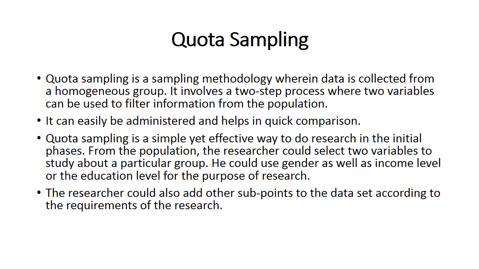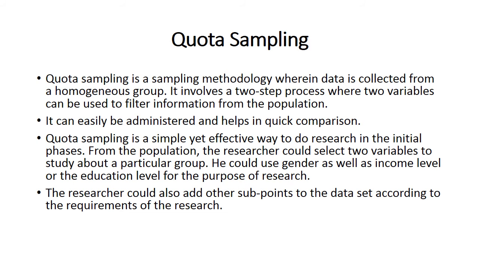Now, this is quota sampling. Quota sampling in some cases is similar to stratified random sampling. In quota sampling, certain subclasses such as age, gender, income groups, and education level are used as strata. Stratified random sampling is based on the concept of randomly selecting units from the stratum.